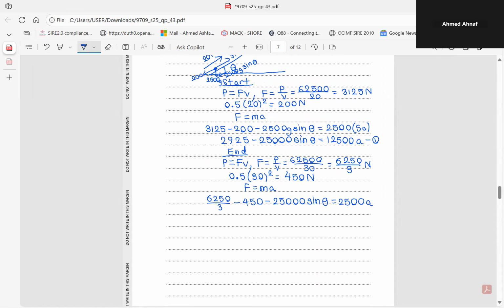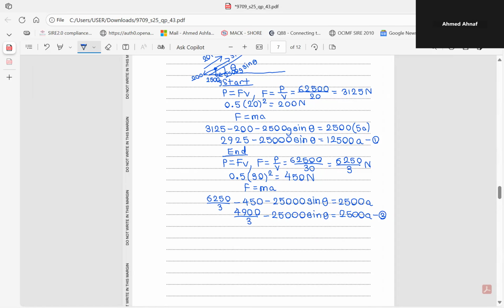So 6250 over 3 minus 450, you'll get 4,900 over 3 minus 25,000 sine theta equals 2,500 A. So this is our equation 2.